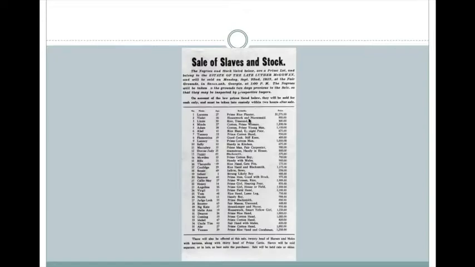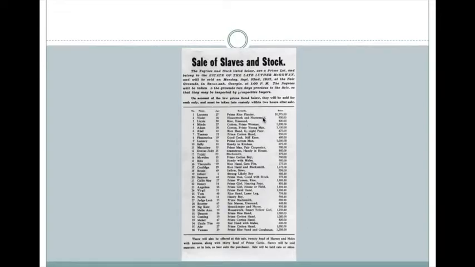Here you can get an understanding of the way slave auctions worked. They would have the name of the slave, which they generally gave them, what the slave could do, the skills they had, and then the price. For example, this slave was a rice planter and sold for $1,275.